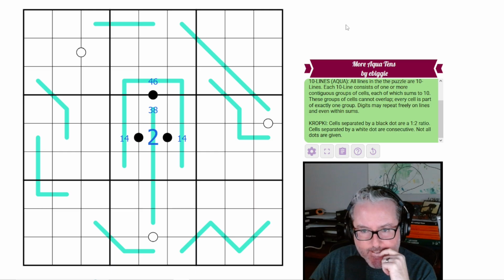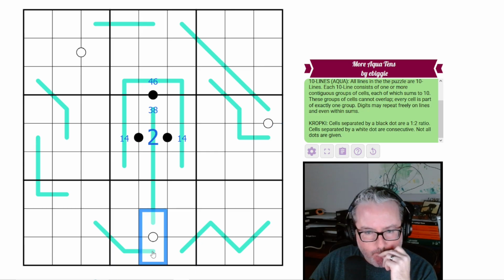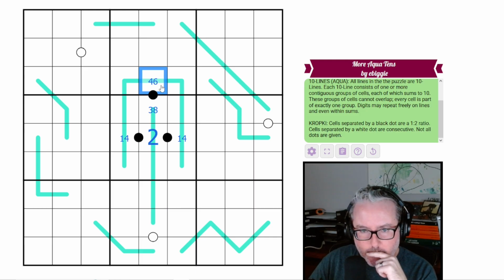Well, and I don't think we have much purchase on these other guys, though. I don't know that we can do anything with this 4-6.